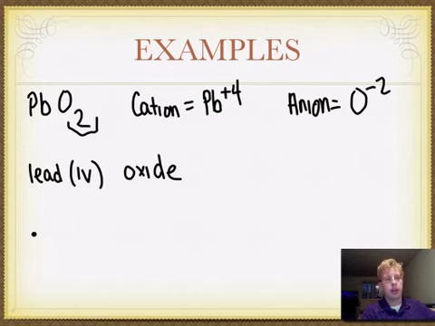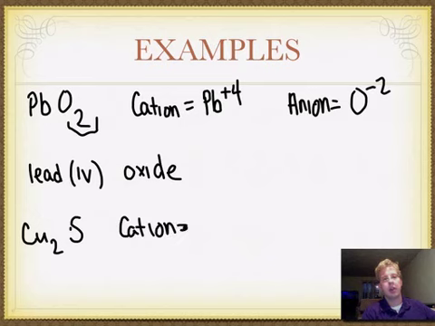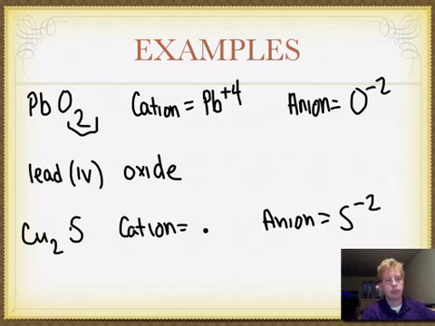If I were to have Cu2S, again, we don't know the charge of the copper yet, but we do know the charge of the sulfur, and sulfur has a -2 charge. From that I can see that I need 2 copper atoms to balance out 1 sulfur atom.